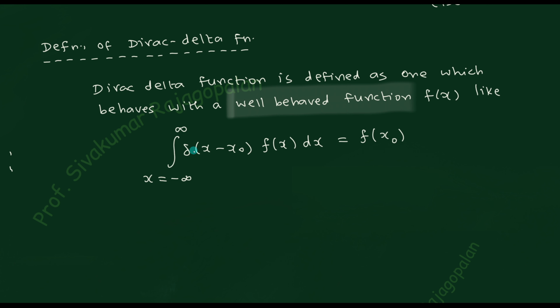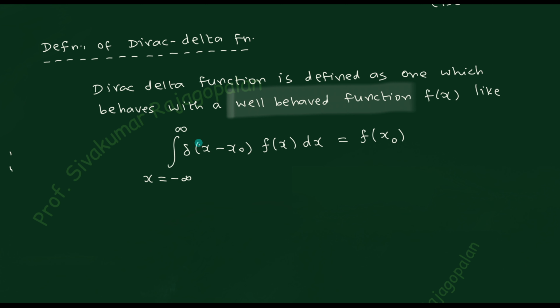When something goes to infinity, its derivative will have an infinite discontinuity. So this is the trouble. The delta function is not a nicely differentiable function. That is why the delta function is not at all a well-behaved function.